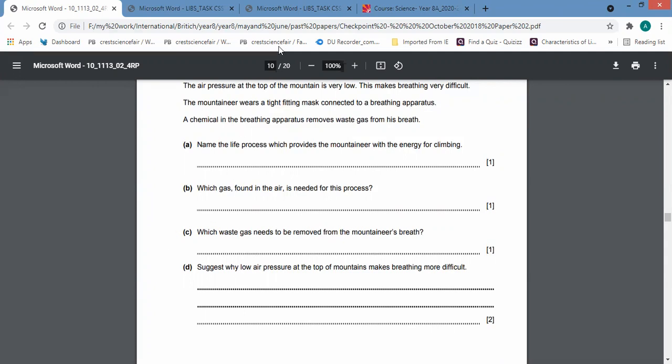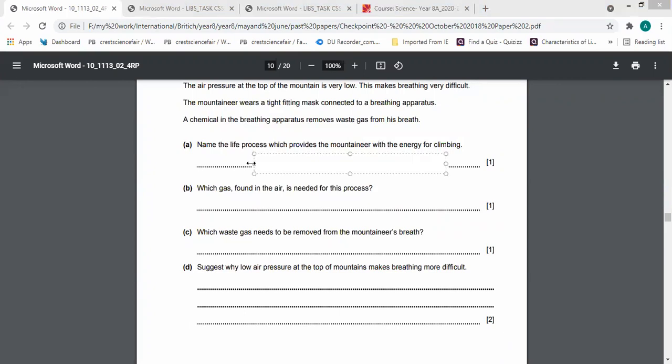Respiration. Yes, but we want to mention the type of respiration in this process. Aerobic. Aerobic, okay? Aerobic respiration. Excellent.